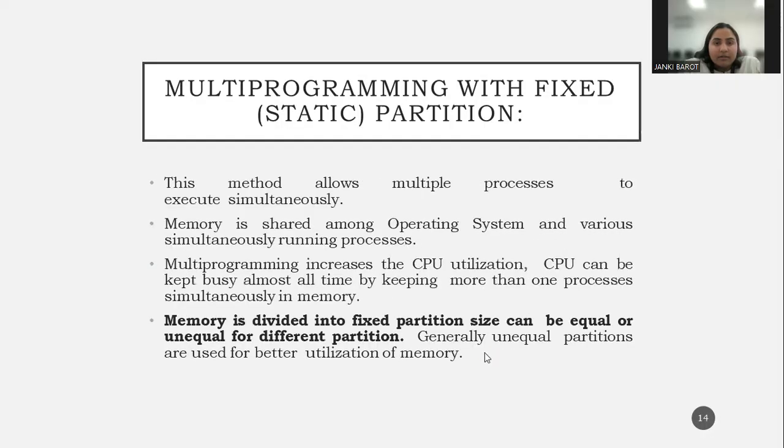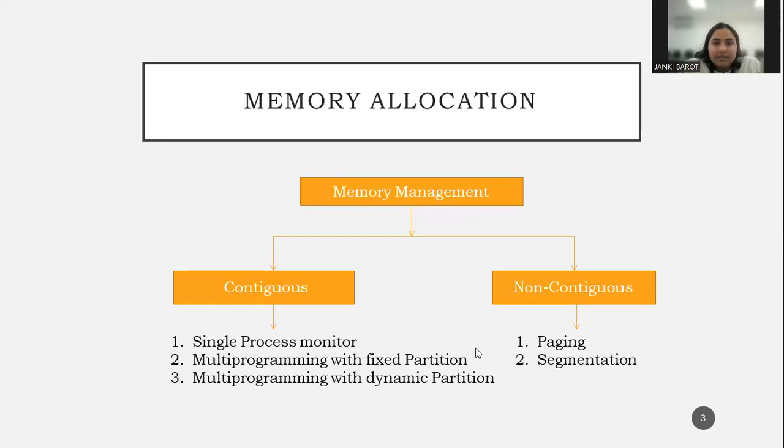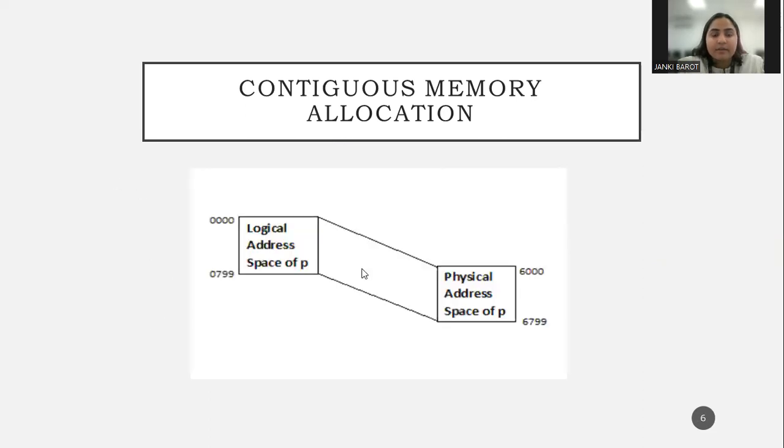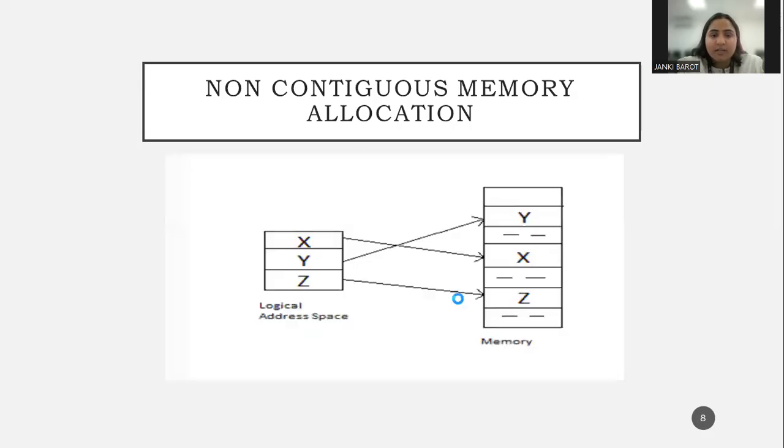So in this video lecture, first of all, we discussed memory allocation, which is available in two ways: contiguous memory allocation and non-contiguous memory allocation. We have seen the different techniques, non-contiguous and contiguous, right? Then you had a brief introduction to contiguous and non-contiguous memory allocation.